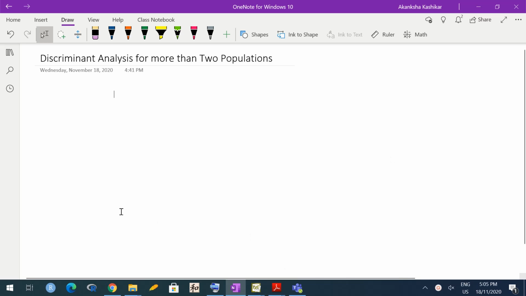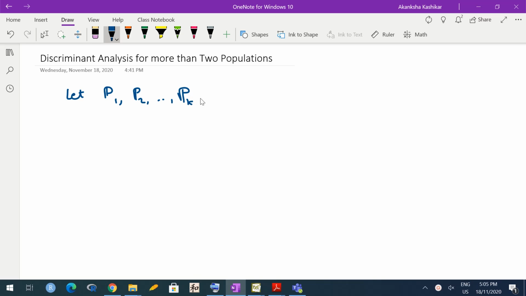So let P1, P2, Pk be k populations, and we have to classify a new observation into one of these k populations.